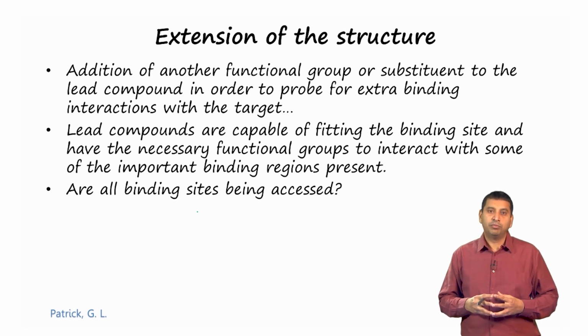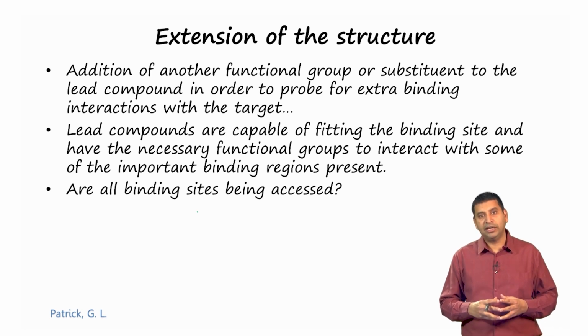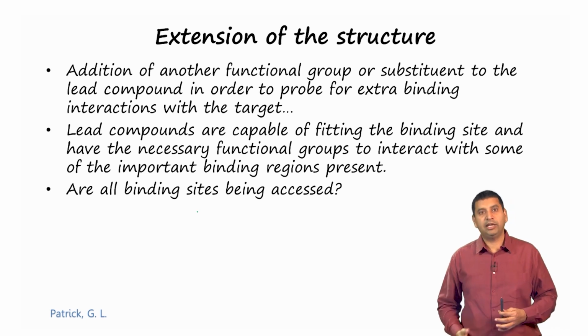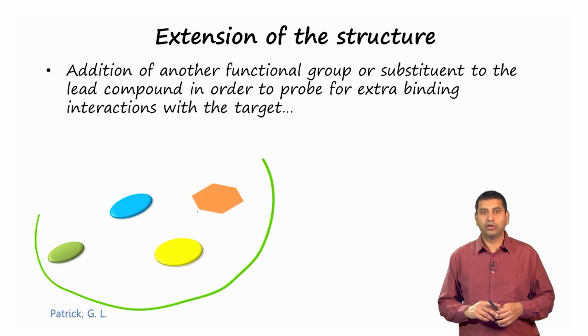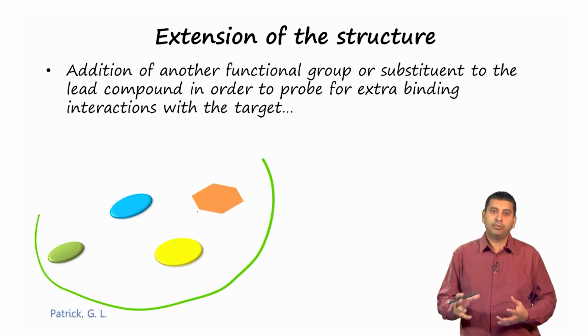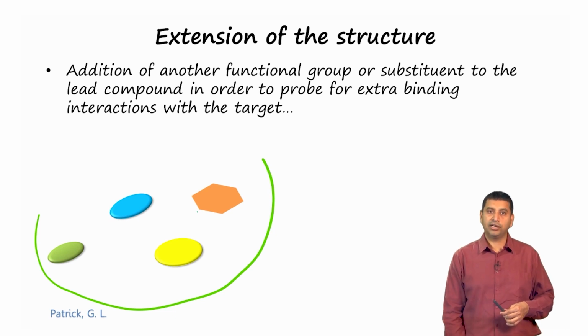So, the basic question that we ask in this extension of structure strategy is, are all the binding sites being accessed? If the answer to that is no, then we can keep adding structures to sample for or improve the binding. So, here is the pictorial representation. Let us say a receptor site has these four functional groups which are going to interact with your target.